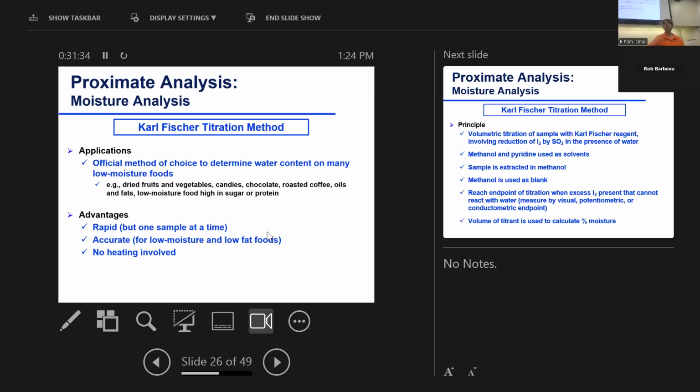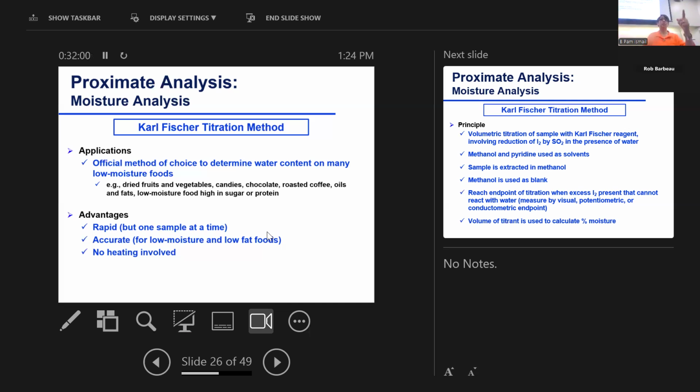Yes, it takes a longer time to titrate and uses more reagents, so it's not really efficient when your moisture content is high. It's good for dry food and also low fat. Why low fat? Because one of the reagents, the iodine, reacts with unsaturated fat.